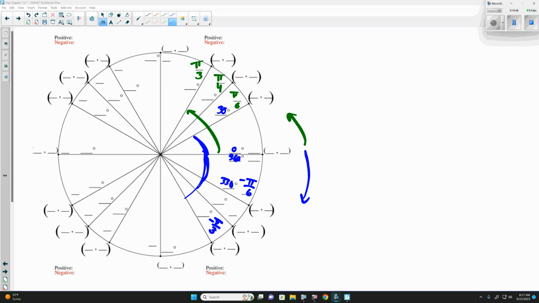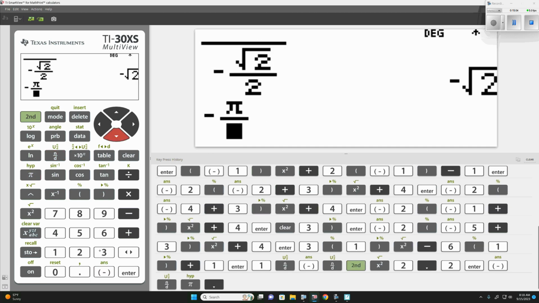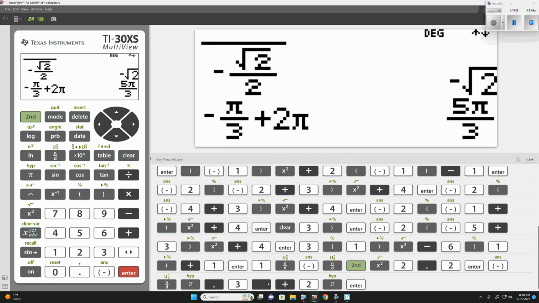Now, what they told us, and on our unit circle, is that this is actually 5 pi over 3, yes? Well, if I take negative pi over 3 and add 2 pi to it, negative pi over 3 plus 2 pi, let's see what we get.